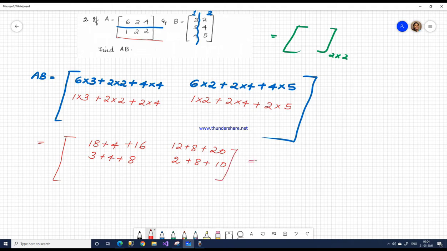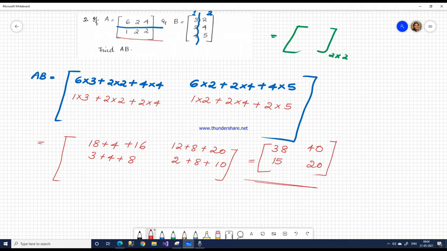So the result will be equal to 38, this is 40, then we have 15 and 20. This is the answer.